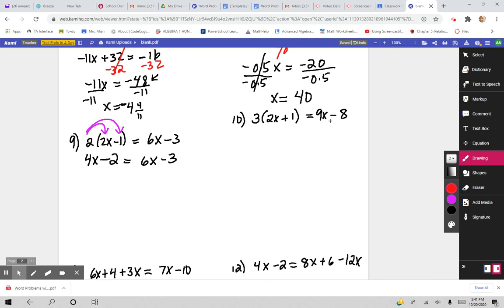So let's get all of our x's on the same side. Let's subtract out minus 6x from both sides. And we'll end up with negative 2x minus 2 equals negative 3. Okay, let's add 2 to both sides.